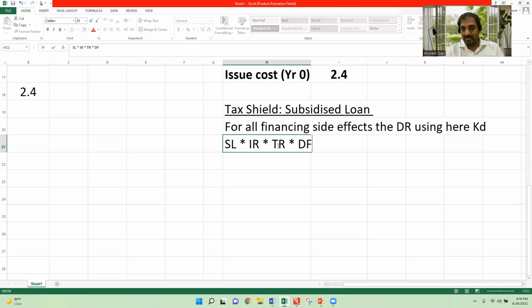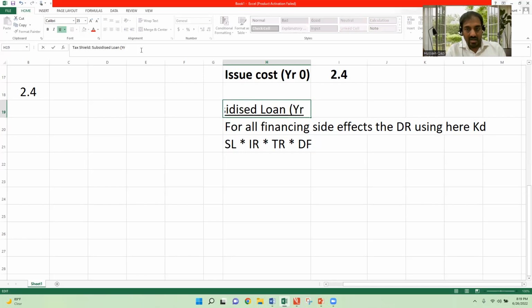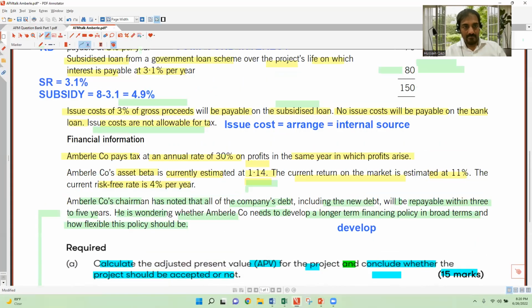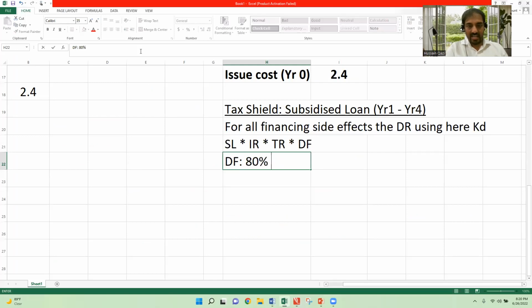Here the tax shield on the subsidized loan runs from year 1 to year 4, a 4-year project. The discount rate, the KD here, is 8%, for 4 years, a simple annuity.